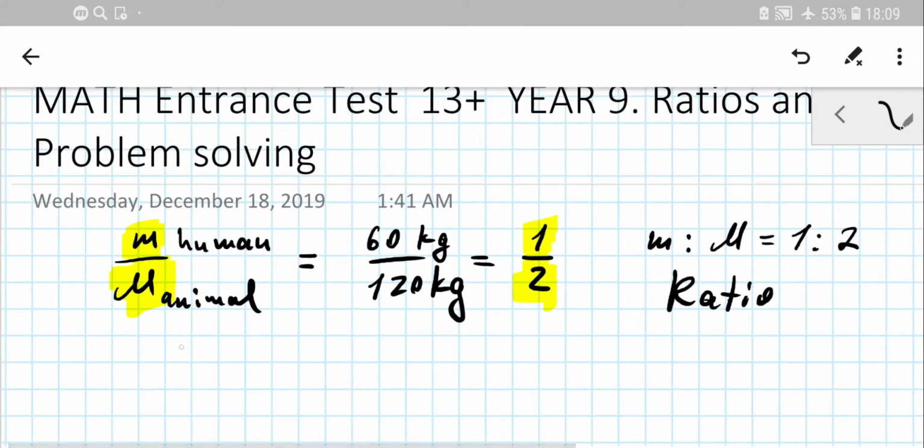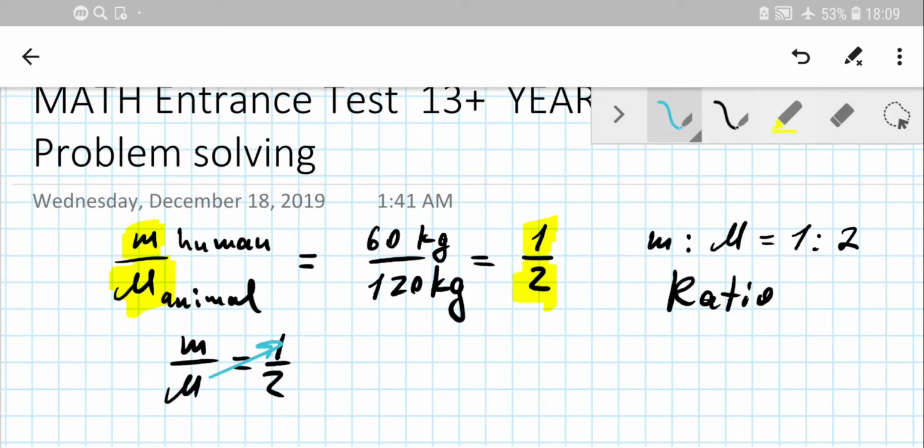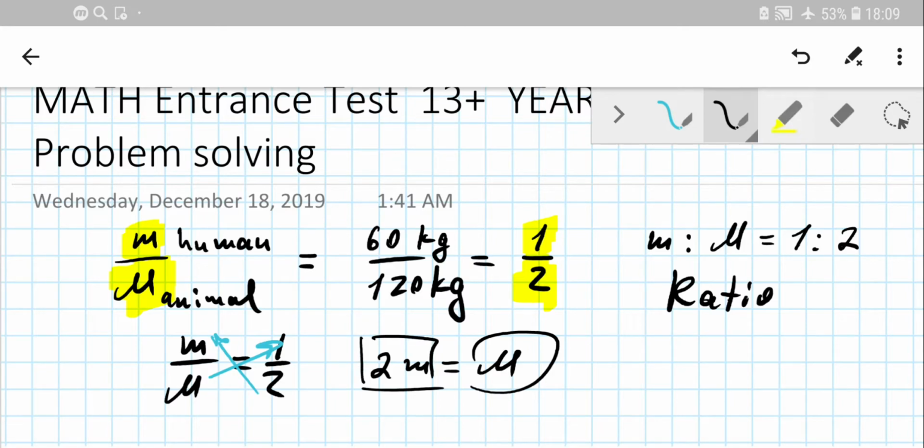If you write it as a normal fractional equation, you get small mass to big mass is 1/2. You just need to remember how to resolve this proportion, or fractional equation. So 2m stays for m times 1, and that means in the greater mass you have 2 smaller masses. Basically, 2 human beings can be put on the scale in order to balance the animal.